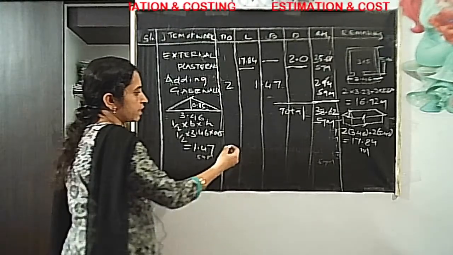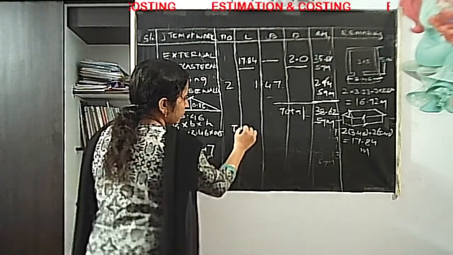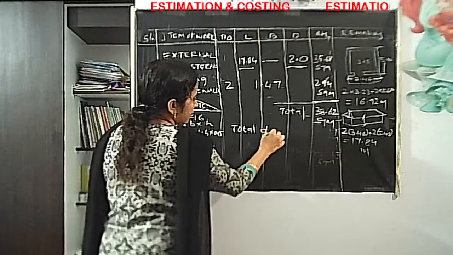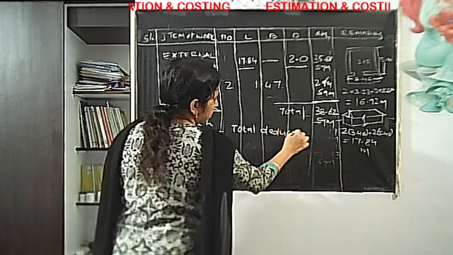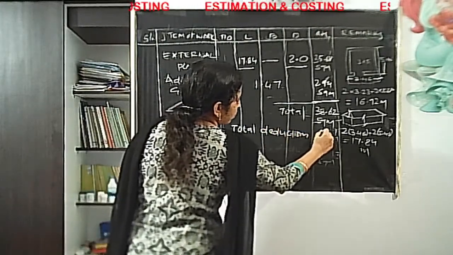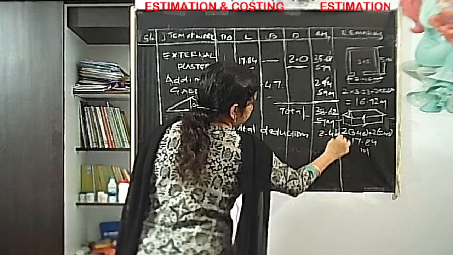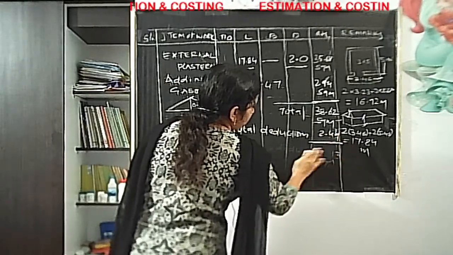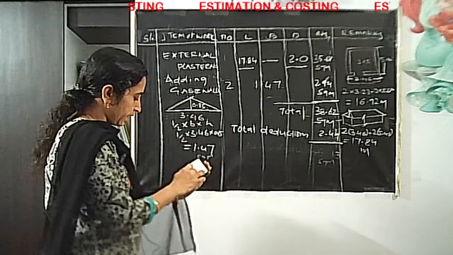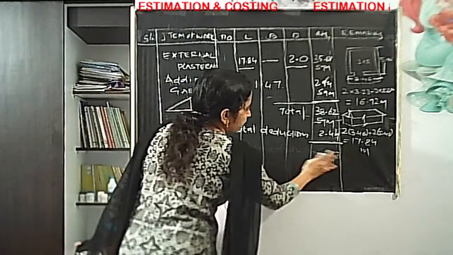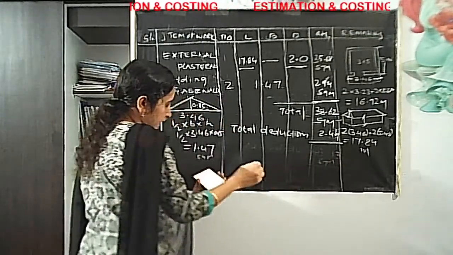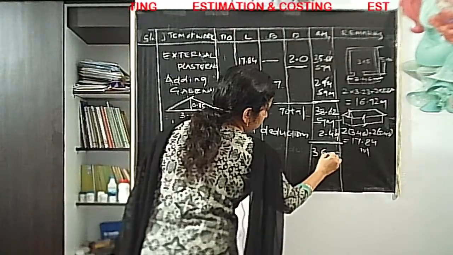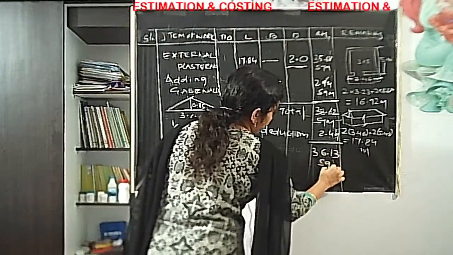Total deductions is 2.49. So, after the deductions you are getting 36.13 square meter.